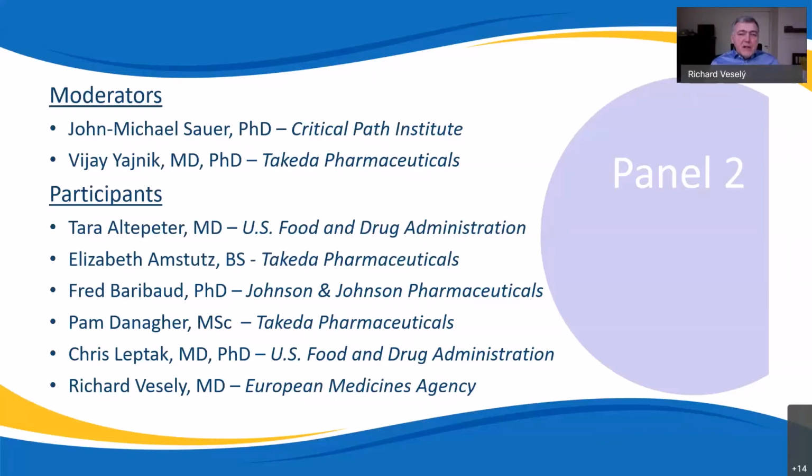So what biomarkers can be used for labeling of medicines to determine the benefit risk of the drug, or the other values of biomarkers, like context of use, like a safety biomarker or prognostic biomarker, etc. And I heard with great interest the comment that there is a passage about predictive biomarkers, which is actually one thing that is, from a regulatory point of view, very important for labeling, and also the comment about the pathophysiology.